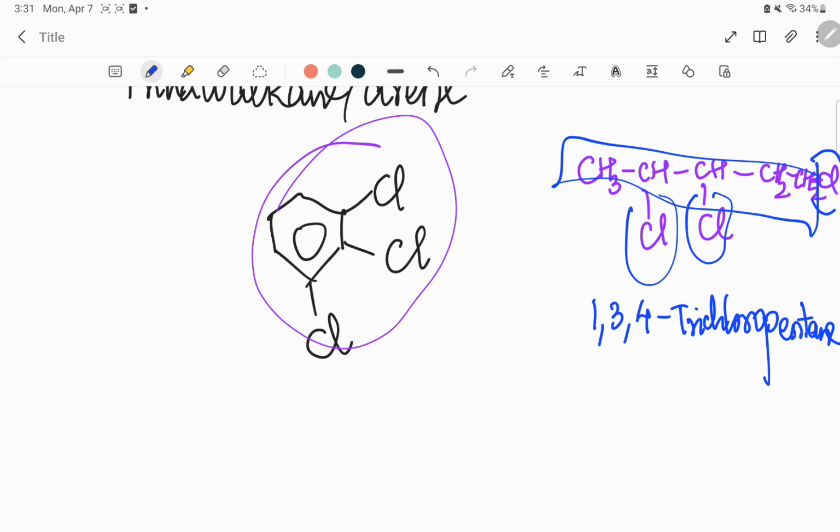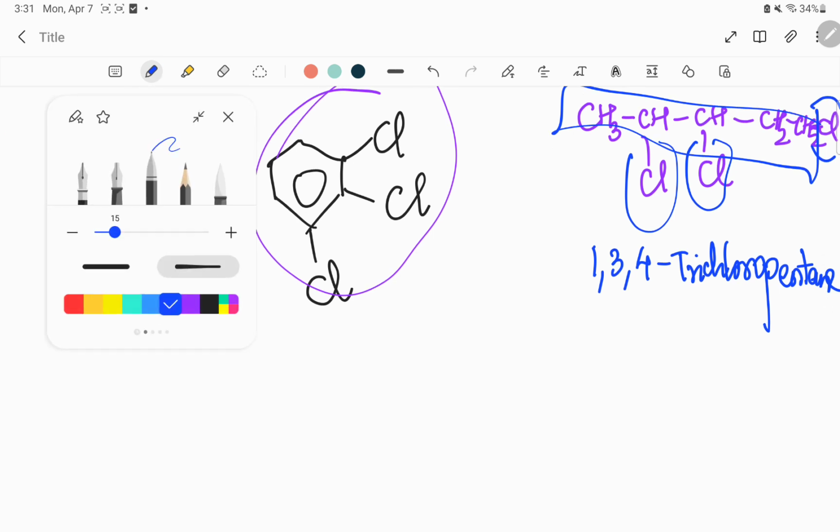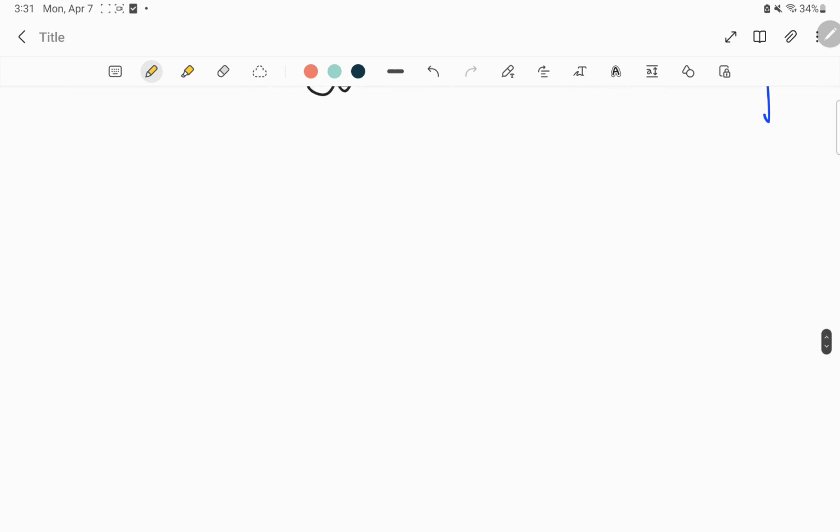So it is pentane, and there are 3 chlorine substituents. So I hope the classification based on the number of halogen atoms is clear. Then we have to discuss the classification based on the sp3 hybridized carbon halogen bond.